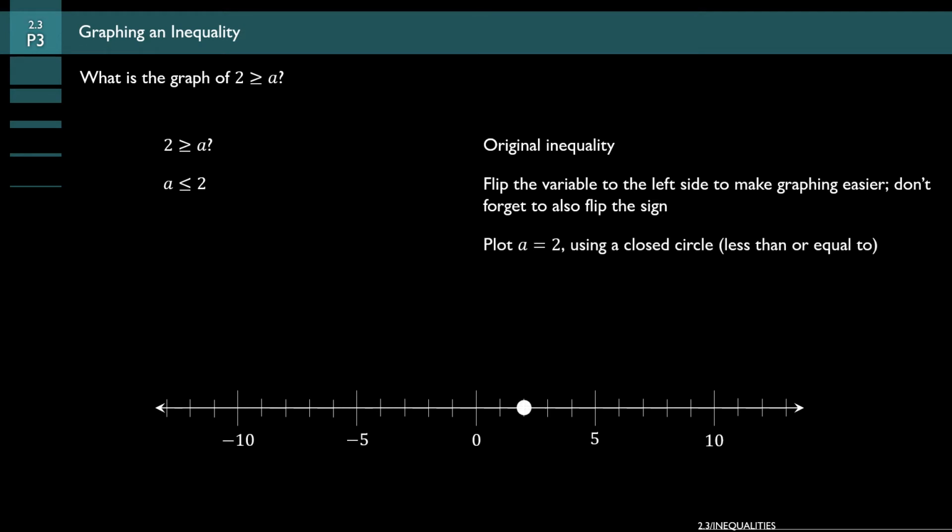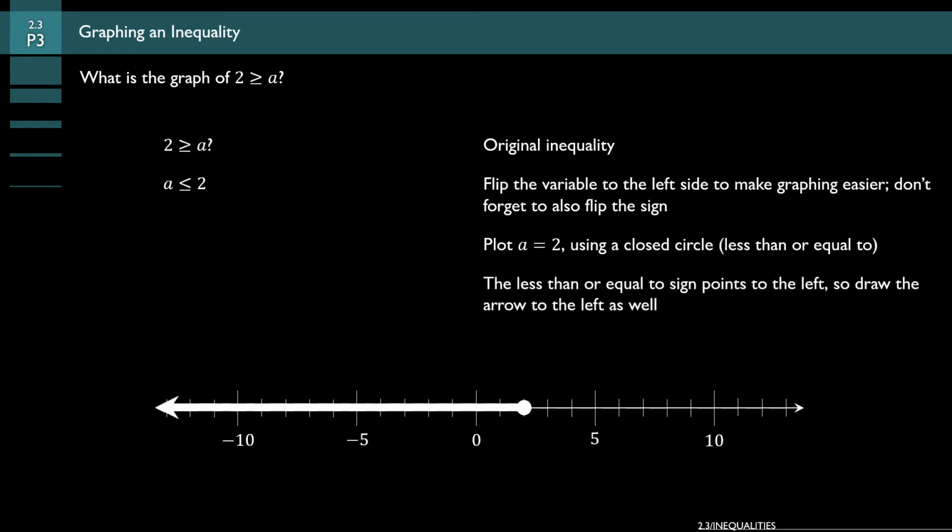Since this is a less than or equal to, we have that equal to component, so we're going to make the circle a closed circle. Then, since our less than or equal to sign is pointing to the left, that's the direction we want our arrow to point in as well. And you can see on our graph, we have a closed circle at 2 with our arrow running to the left.